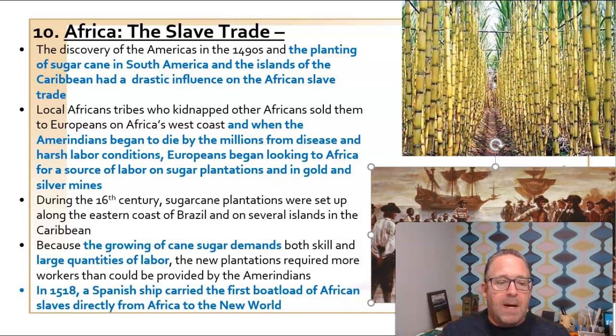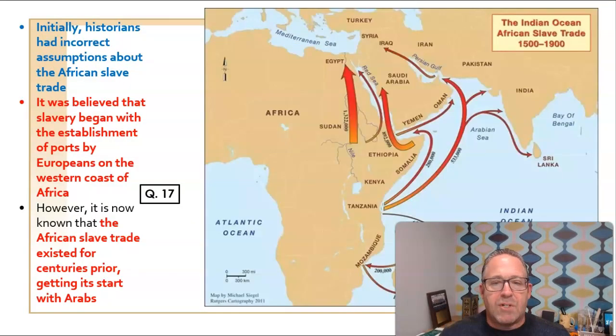Okay, what this next slide shows is one of the common misconceptions, at least initially from historians, about the nature of the African slave trade. The misconception lies with the idea that it began on the western coast with the arrival of the Europeans, the Portuguese and the Spanish, and that they were the ones responsible for the origins of the African slave trade, and that's just not true.